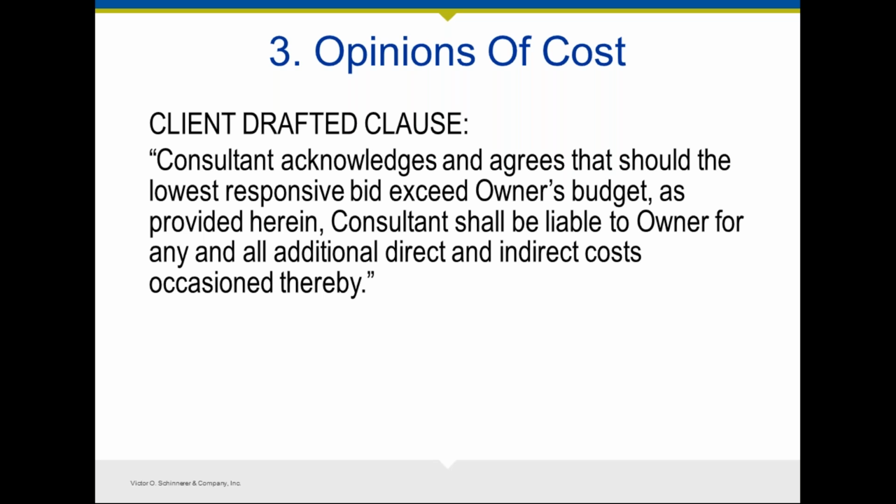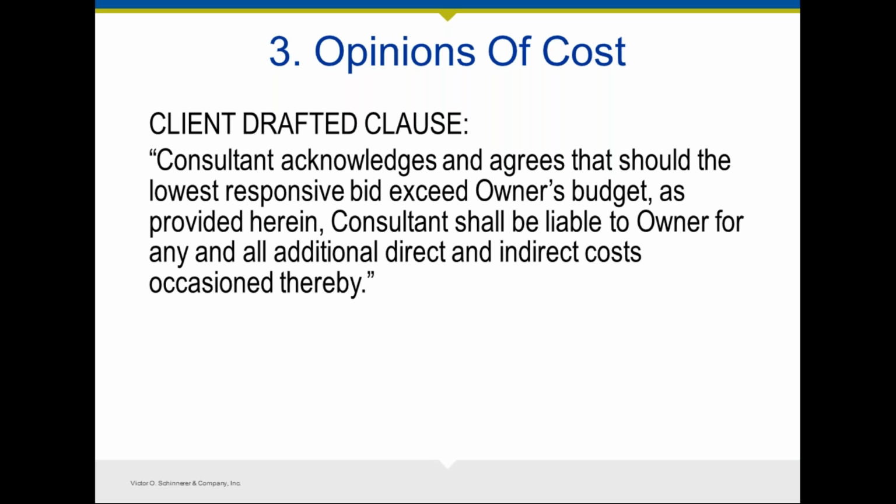Furthermore, the owner's budget is really the owner's budget. It may not have anything to do with current marketplace realities. And especially if they don't have contingencies in place, there's going to be a lot of surprises oftentimes during construction.